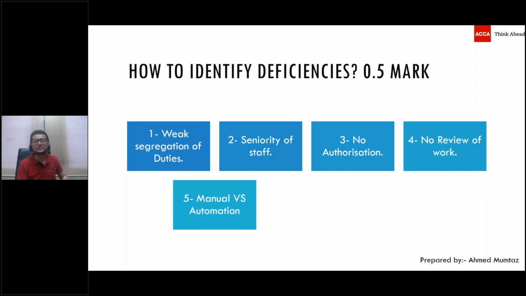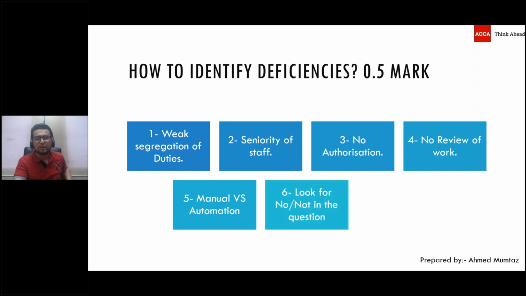So if an activity is being performed using manual techniques, or there is a huge human involvement, you will consider it as a deficiency. And think about the opposite of it. If an activity is performed using automation, you will consider it as a direct control, as a good control.